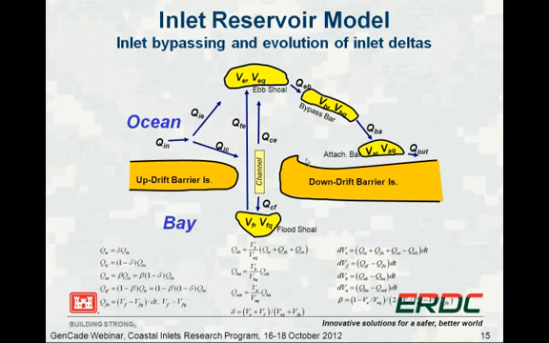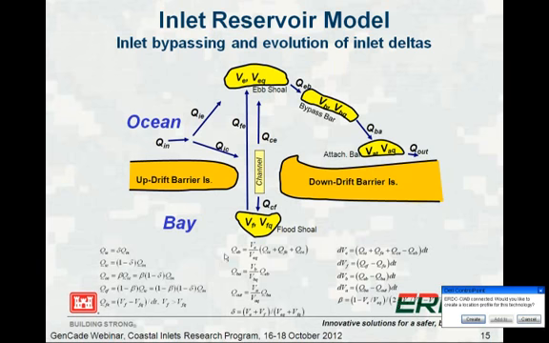This is all based on the ebb shoal, how full it is in comparison to equilibrium. Also, some of the transport will move to the bypassing bar, eventually to the attachment bar, and then we'll have Q out moving down drift. And you can see the number of equations that show the flux of sediment into and out of each of these elements here.